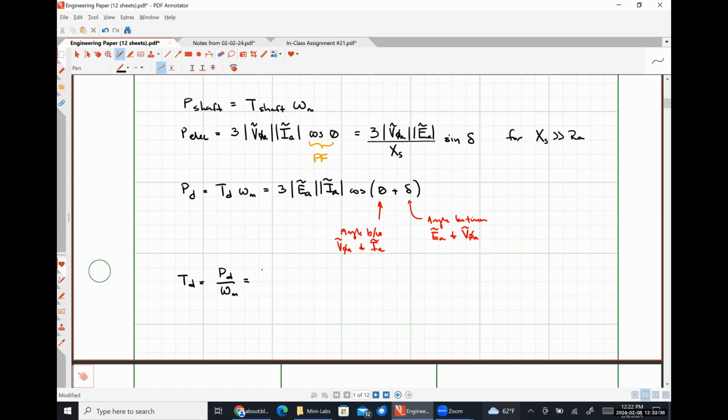And that's going to come out to be 3 EA IA cosine theta plus delta.